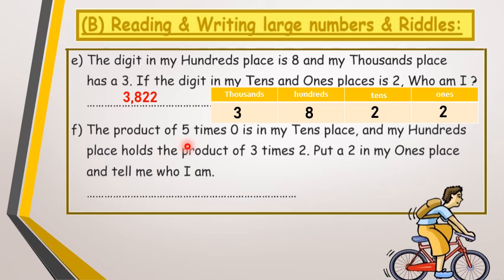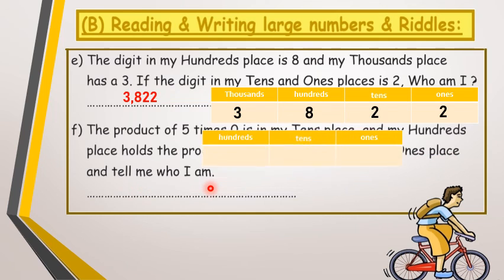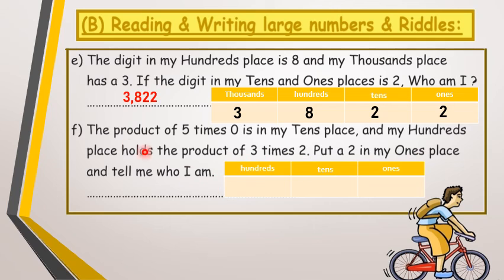The product of 5 times 0 is in my tens place. My 100 place holds the product of 3 times 2, but 2 is in my ones place. Tell me who am I? So I will make the place value mat. Let's see. He has 5 times 0 in the tens place.